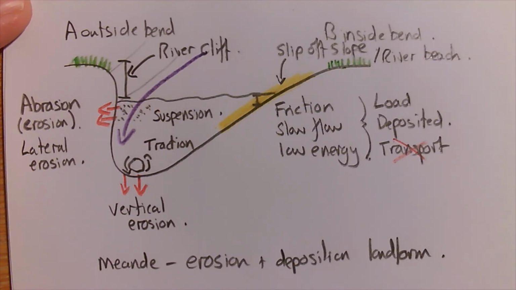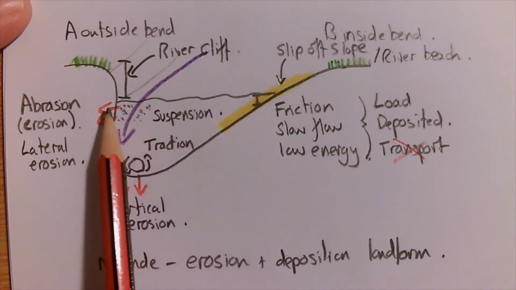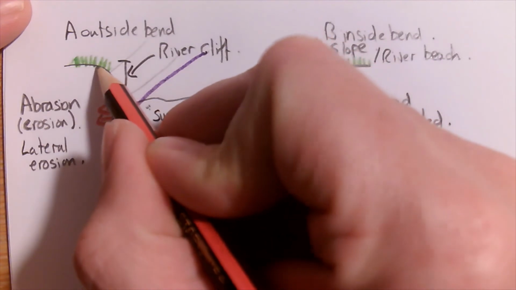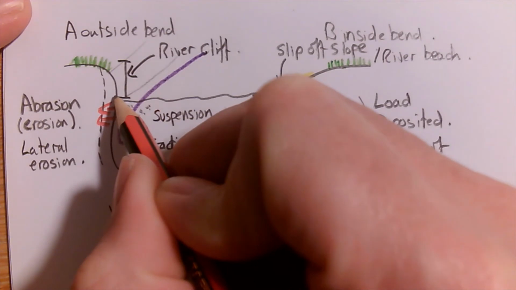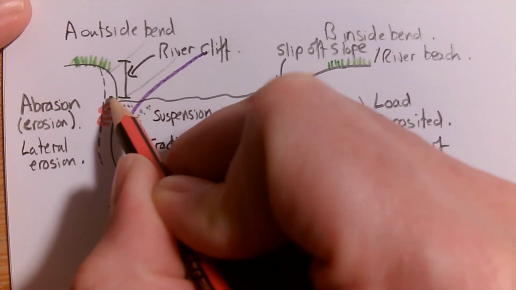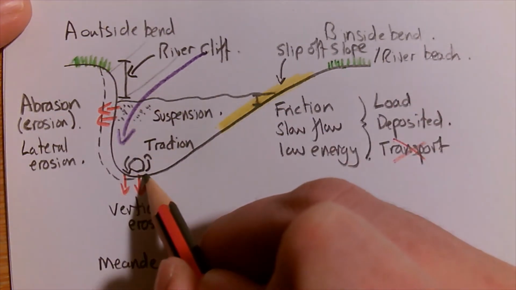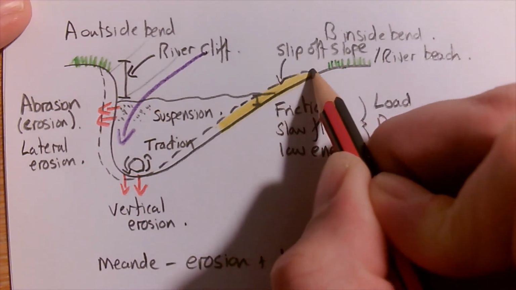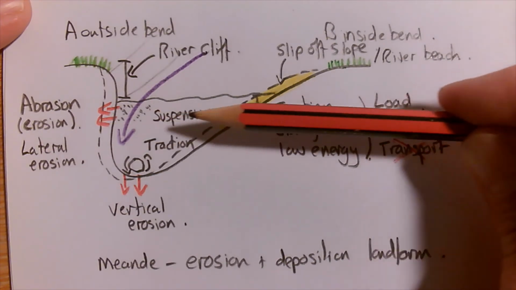Okay, the last thing I want to share with you is that these meander bends are not static. They are constantly moving and changing their shape. So you can imagine that after some time, the erosion is going to cause the outside bank to move sideways. At the same time, the deposition and the formation of the slip-off slope is going to cause the inside bend to move in the same direction, also sideways.